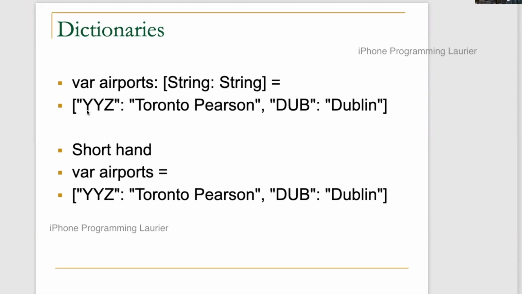So for example, YYZ is the key, and Toronto Pearson is the value. So here I have 2 keys and 2 values. The keys are the code of the airport, and the values are the name of the airport. This is how I can define that dictionary.